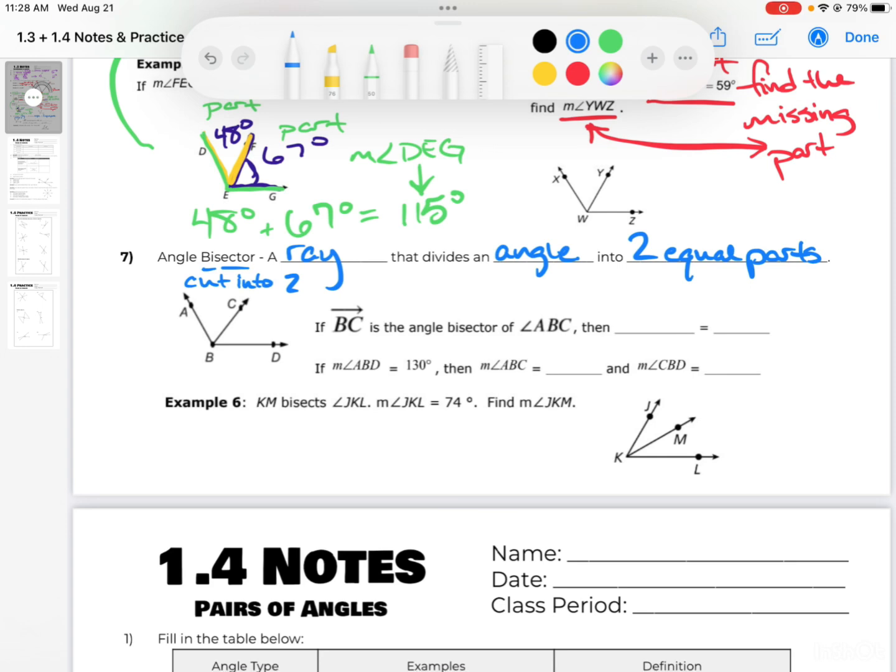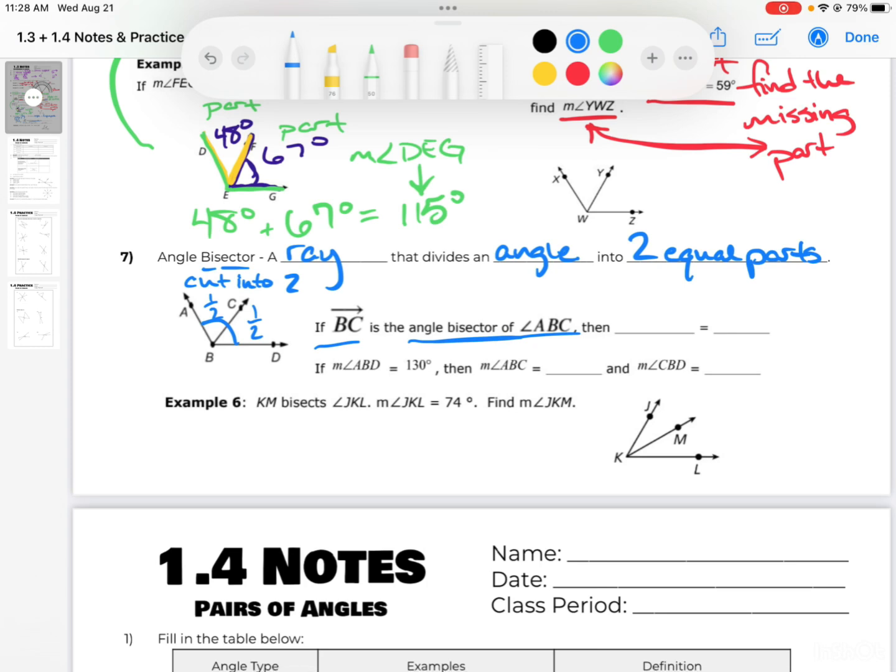So if you're ever working a problem and it says this is a bisector, you know that what's on either side of it is equal, matching halves of the original angle. In this case, if ray BC is the angle bisector of ABC, that lets you know this is half and this is half because that bisector goes perfectly down the middle.